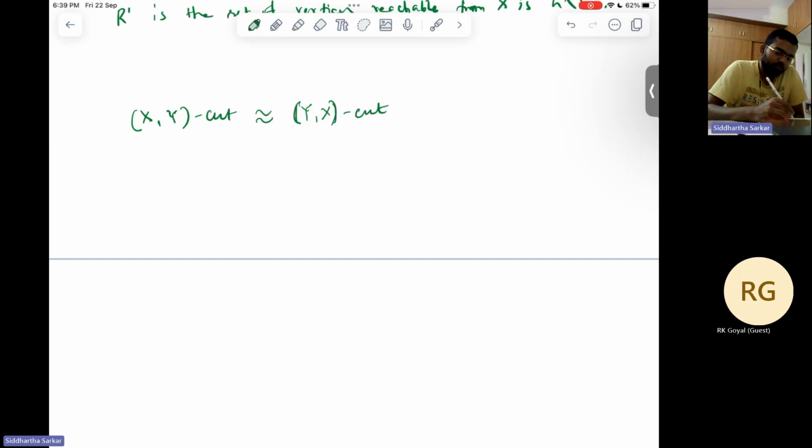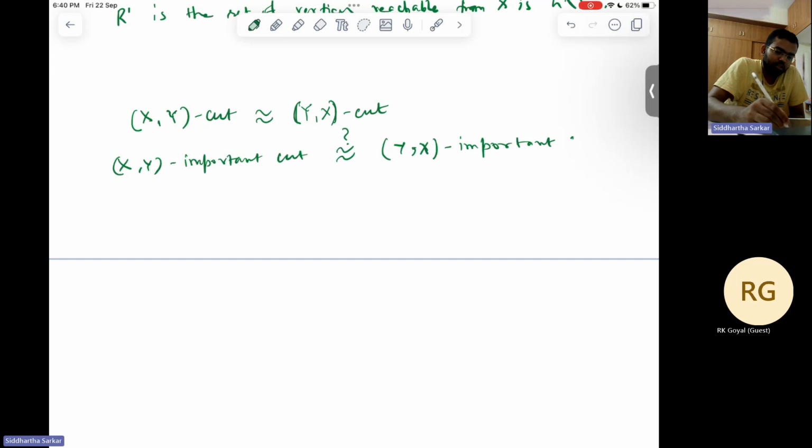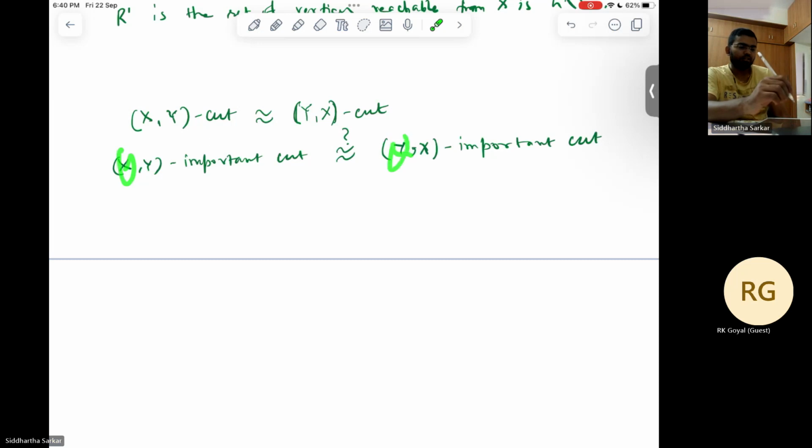But what about an XY important cut? Is it equivalent to a YX important cut? Remember, the important cut definition is with respect to the component where the first part is lying.